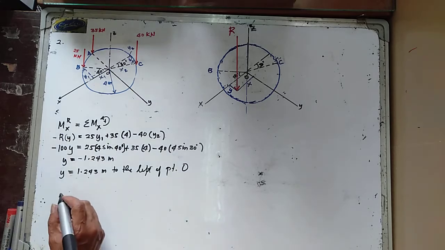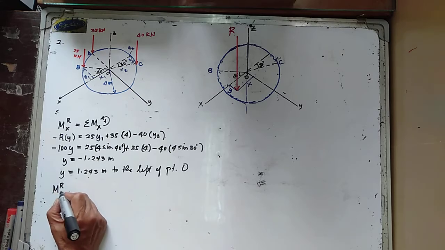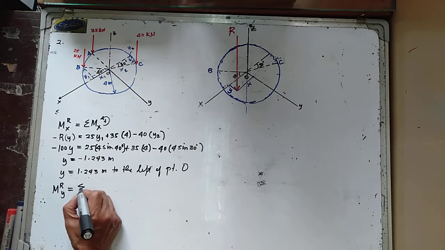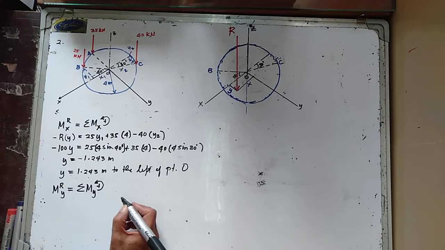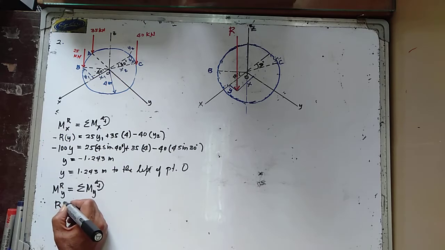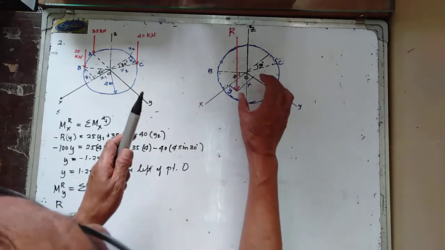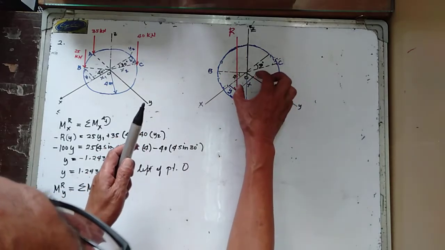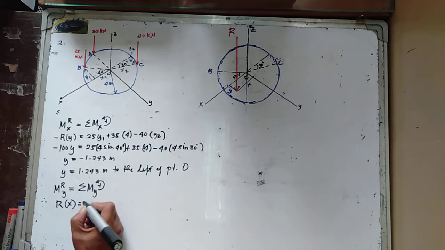Now, let's try to get moment of the resultant about the y-axis is equal to summation of moment of all the forces about the y-axis, taking again counterclockwise moment positive. So we have the resultant force. So your R is going counterclockwise about the y-axis, and that is equal to R multiplied by x.